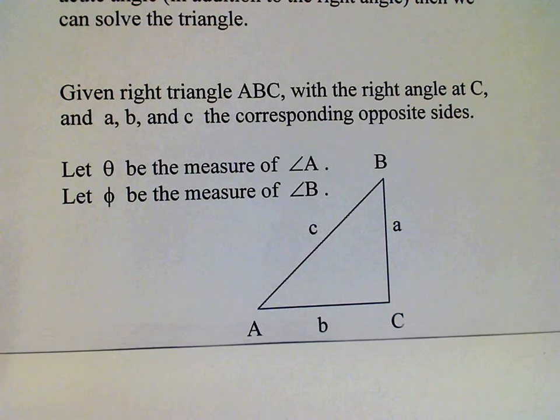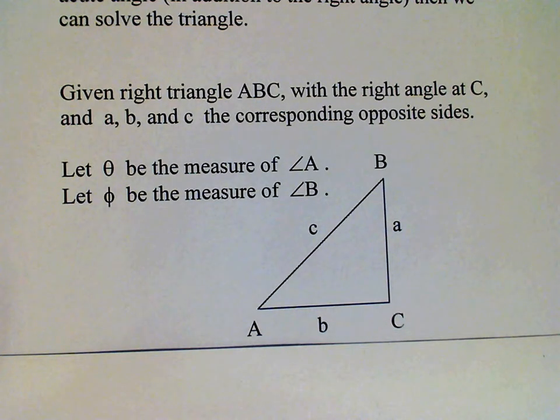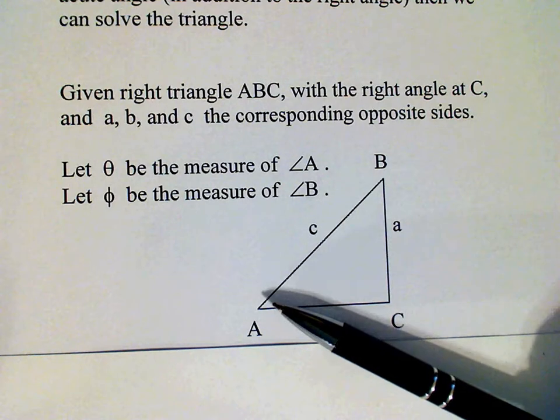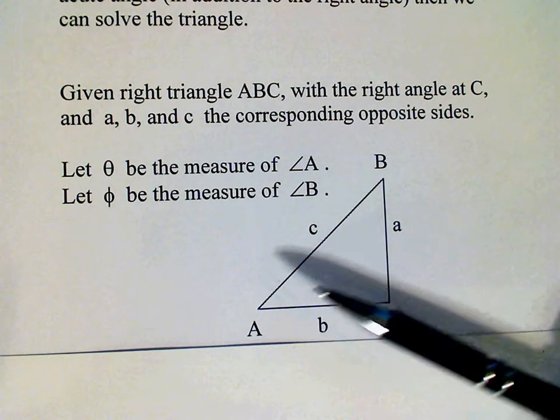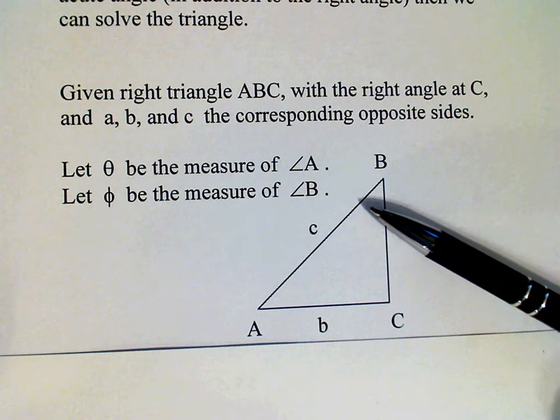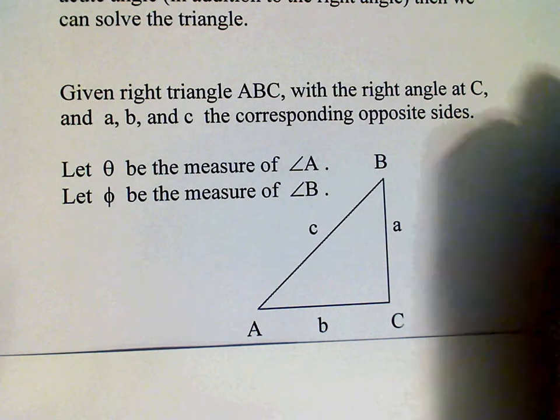Okay, so here's the diagram again. And just to remind you then, the measure of angle A we're going to call theta, and the measure of angle B we're going to call phi.